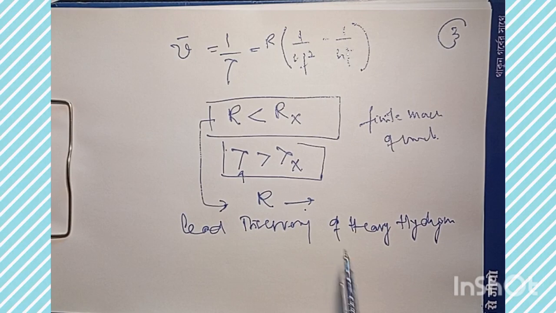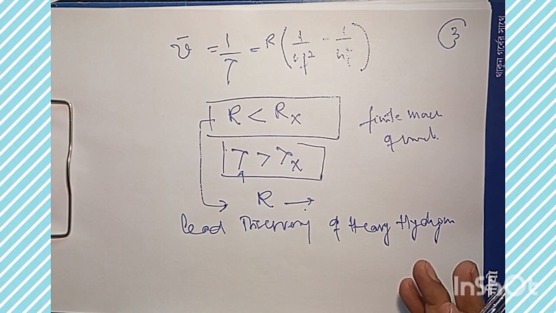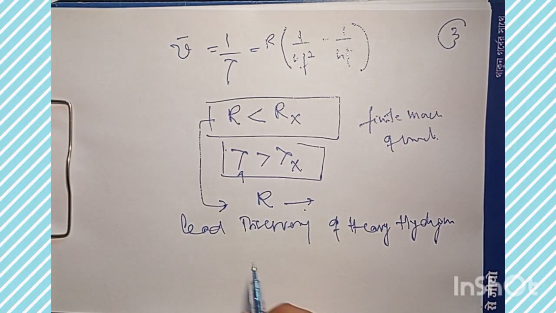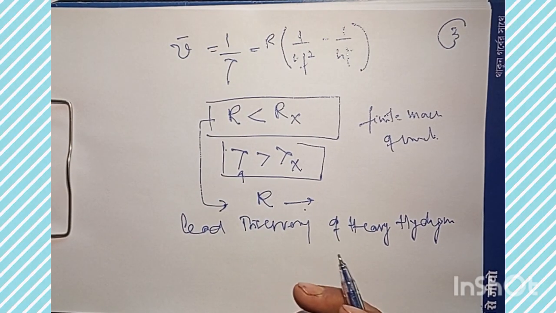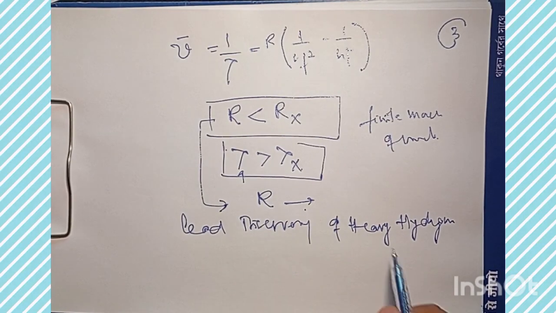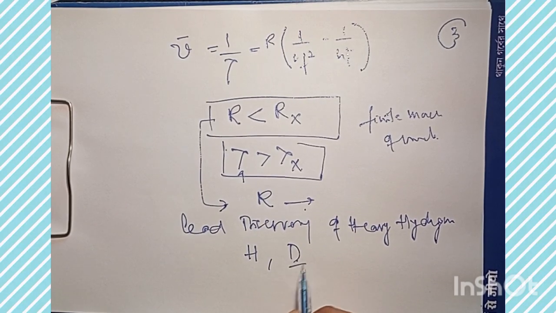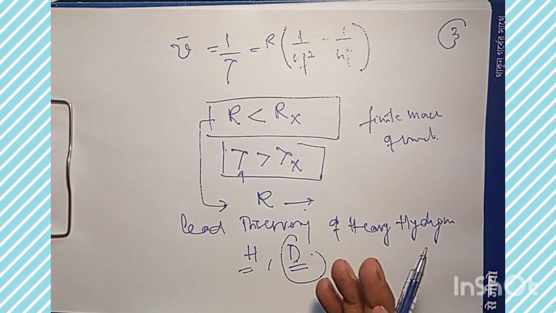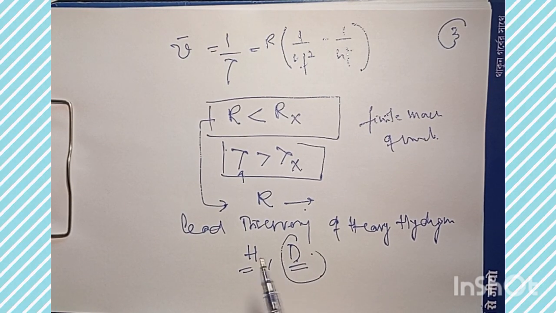This deuterium is an isotope of hydrogen, having a mass exactly double that of the ordinary hydrogen atom. Therefore, the Rydberg constant for deuterium is slightly greater than that of hydrogen, right?